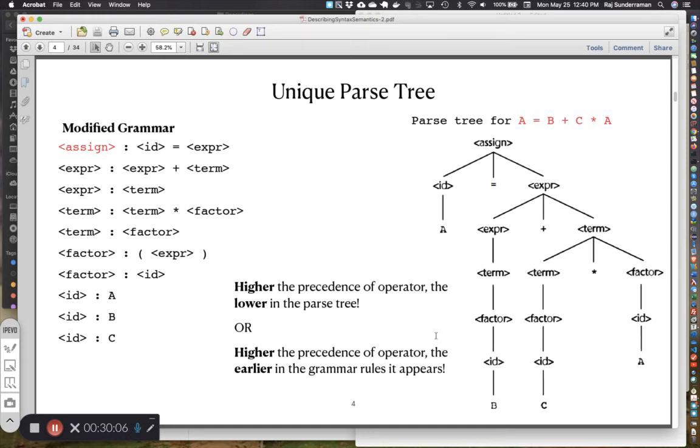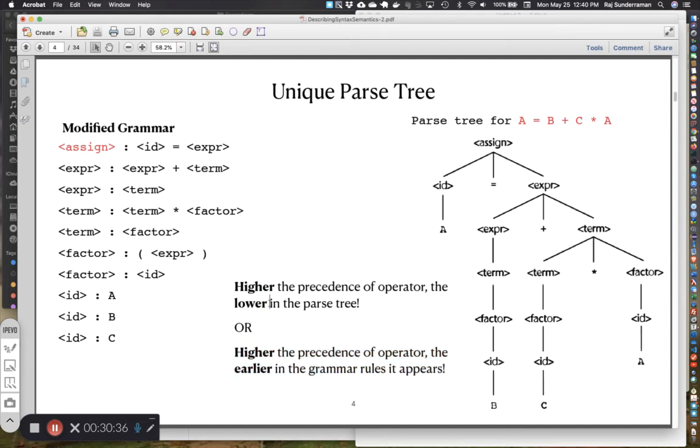The tree looks different, obviously, because there's a term and a factor in this grammar, but in the previous grammar there was no term and factor. The plus happens higher in the tree, times happens lower in the tree, which means the times will happen first in the execution of the expression, and then the plus will happen afterwards. And this comment I already mentioned. It's important to remember: the higher the precedence of the operator, the lower in the parse tree.